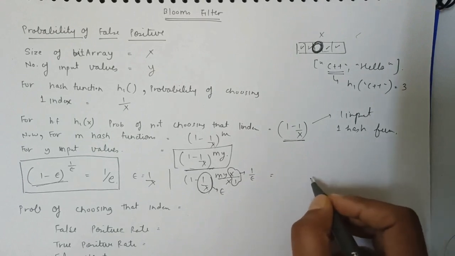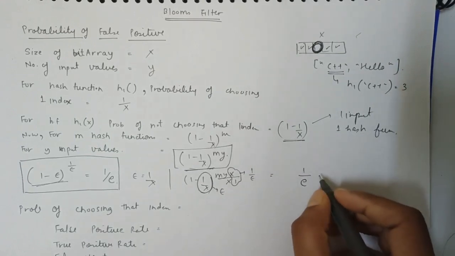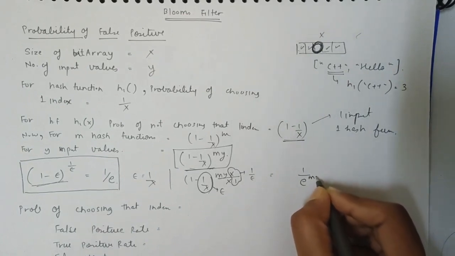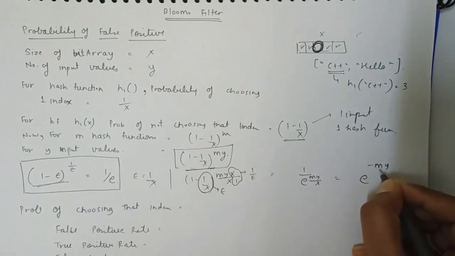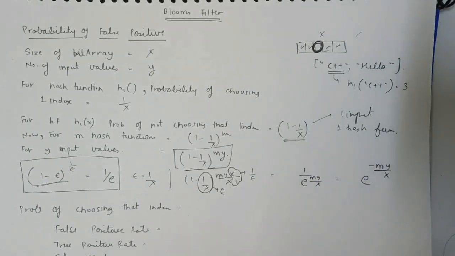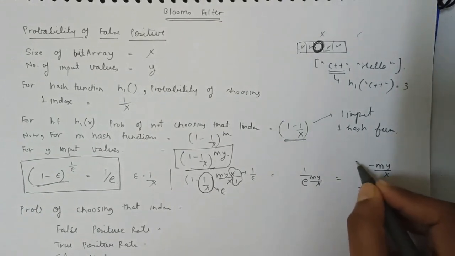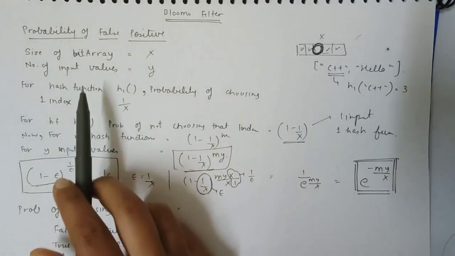So this would become 1 upon e raised to the power m y by x, and we can write e raised to the power minus m y by x. That would be the probability of not choosing any index if we have y input values and m hash functions.